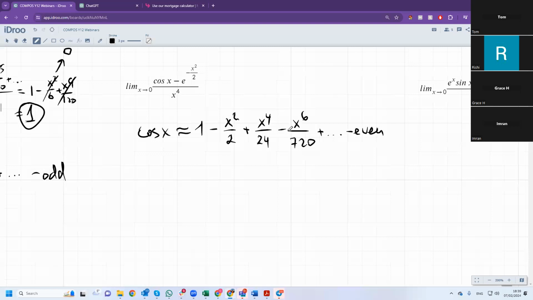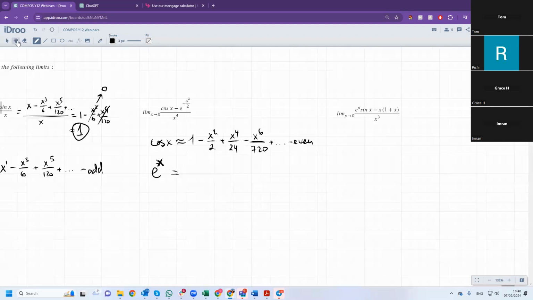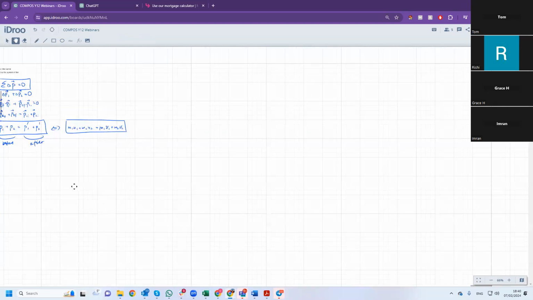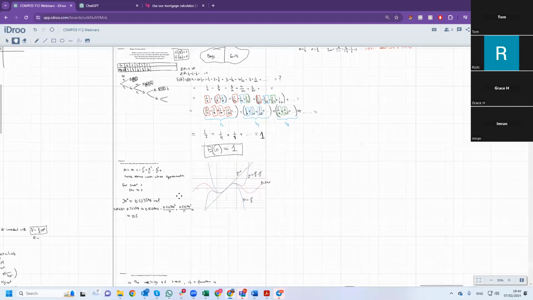Cosine contains only even powers of x, because it's an even function. This is true for any even function and any odd function as well, because tan is odd, and it only contains odd powers of x. e^x, we know that, sorry, I'm embarrassed, but I forgot.